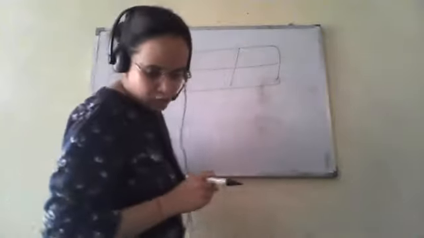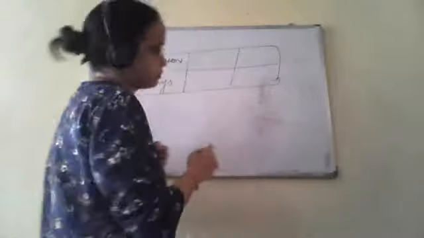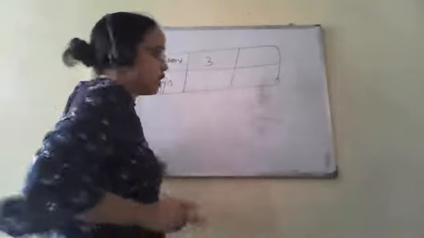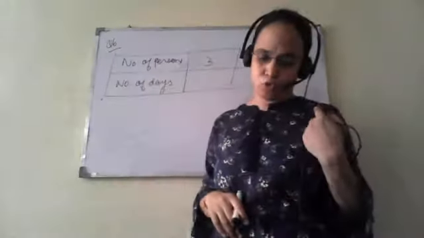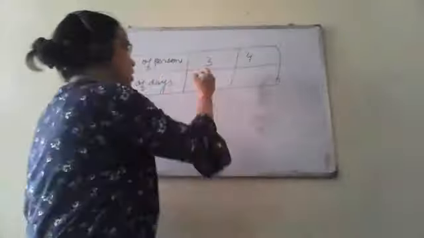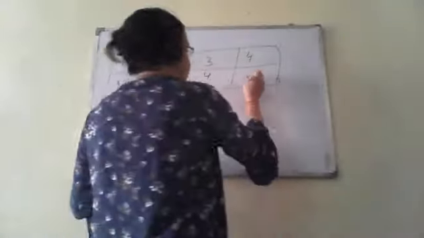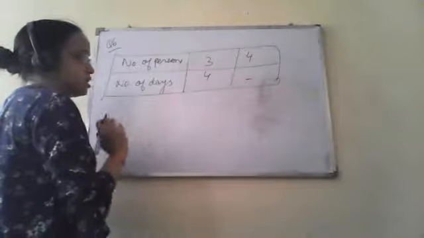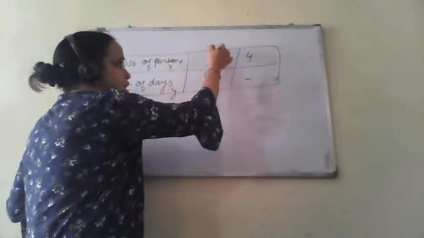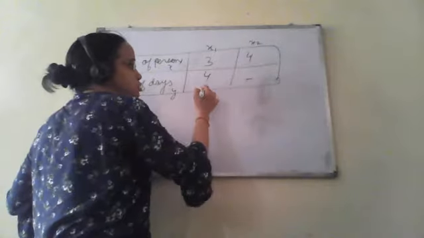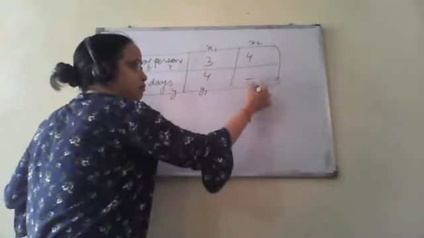So earlier he was supposed to use 3 persons and they were going to rewire the house in 4 days. Now he has decided to use 4 instead of 3, and the number of days we have to calculate. This is very simple. We have x, we have y, this is x1, x2, this is y1 and y2.